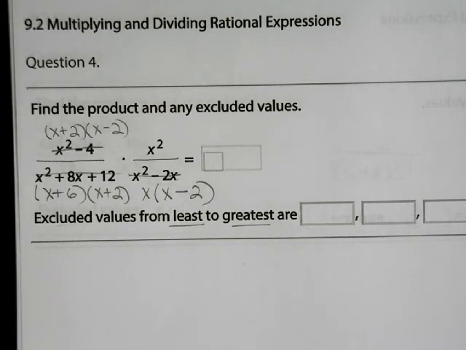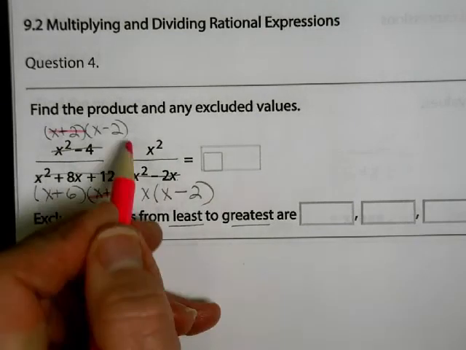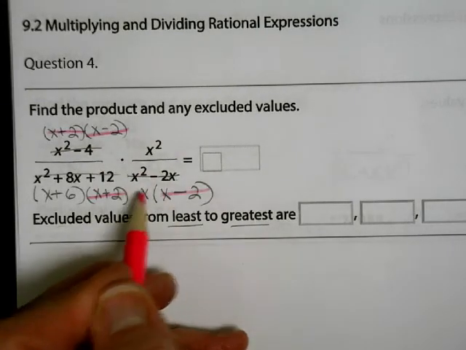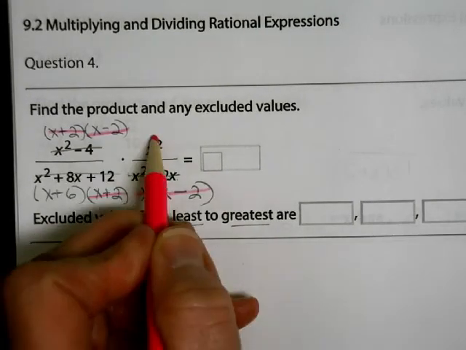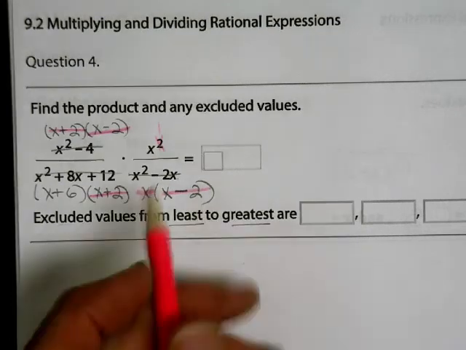So I'm going to use a different color because of the x story. See if I can find a sharp color. This will work, I guess. Okay, here's x plus 2. Here's x minus 2. And this one x comes out of the numerator as one factor.